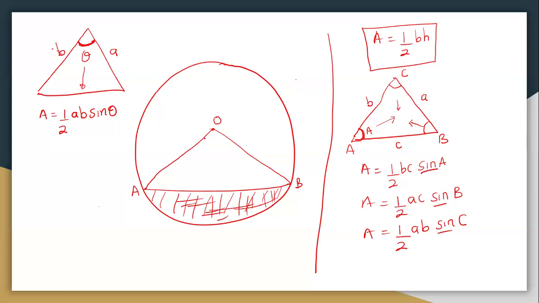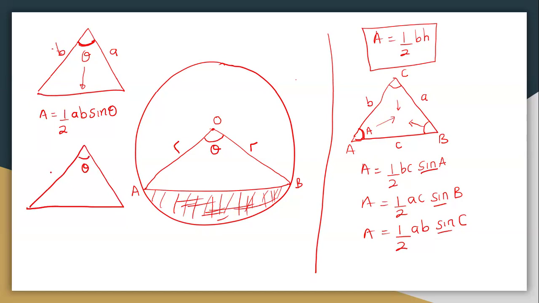Now, members, I have this as you know that this is our angle theta. And you know that the distance from O to A is our radius, which I can call R. And the distance from O to B is equal to R. Members, can we find the area of our triangle? This is our triangle.